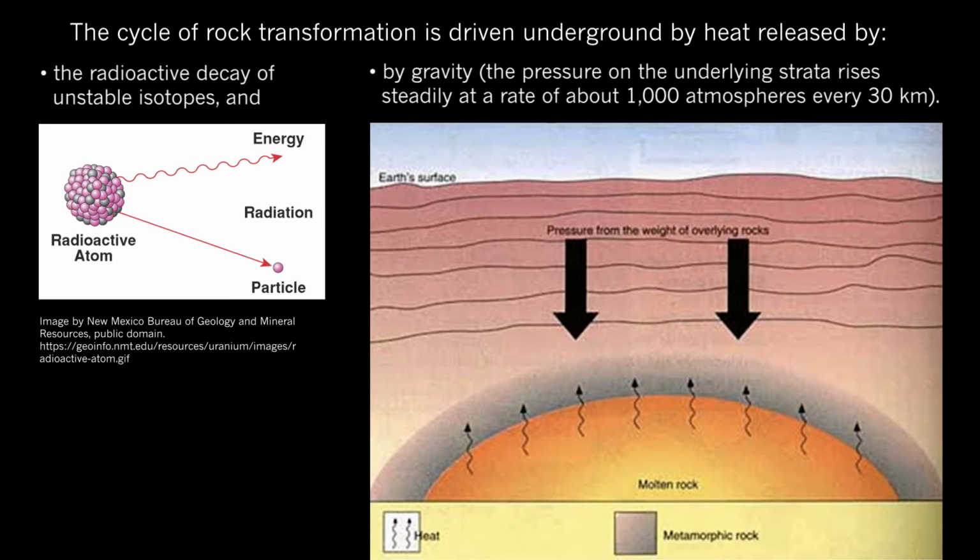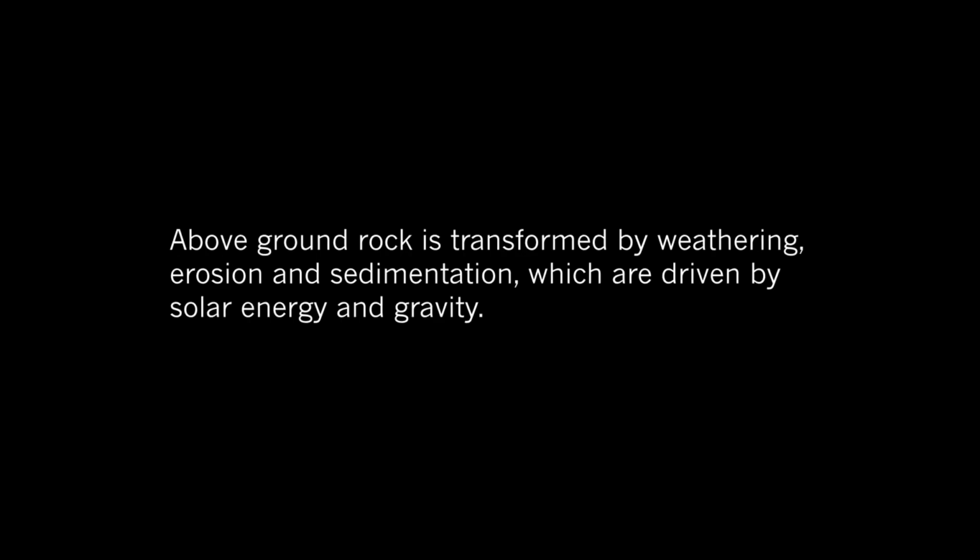And above ground, the source of energy is the sun. So the processes of weathering, erosion, and sedimentation that are driven by solar energy and again gravity at the Earth's surface can cause metamorphic rocks and igneous rocks to be transformed into sedimentary rocks.